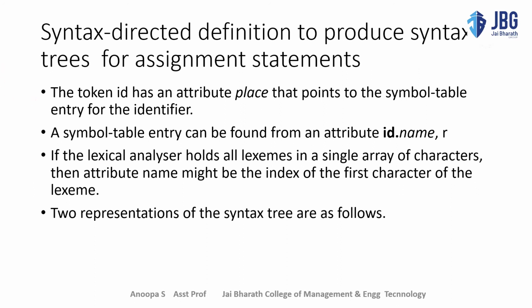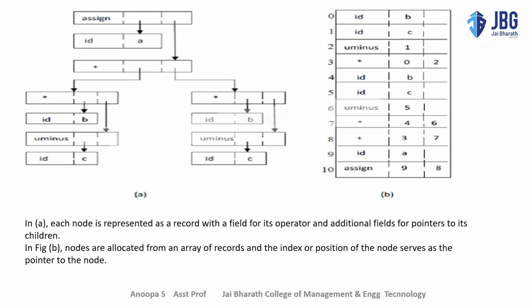Now, the two representations of a syntax tree are shown in this slide. See, these are the two different representations. The expression is a equals b into minus c plus b into minus c. In the first representation, there is a make node for c, then a unary minus with one pointer to the operand.